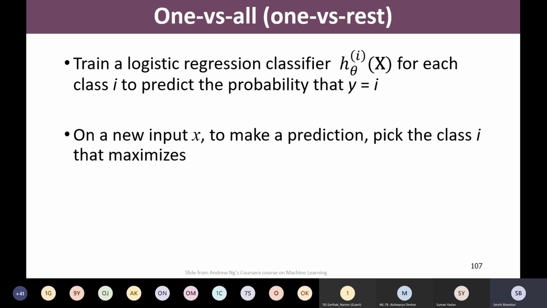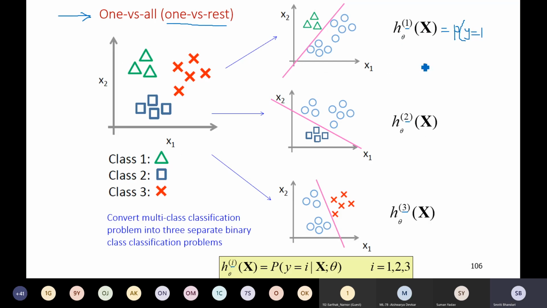What does this mean? Suppose for one particular example, this hypothesis is giving me some probability, this hypothesis is giving me some probability, and this hypothesis is also giving me some probability. Suppose the probability h theta x2 is maximum out of these three. This means that there are more chances that the sample belongs to class 2. So simple it is.